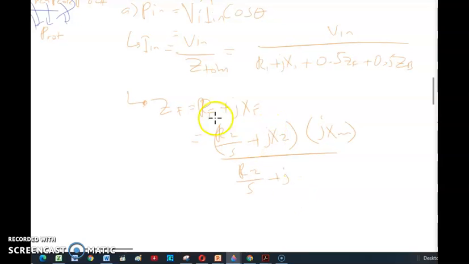Meanwhile, for this amount, we have to calculate in parallel the elements of R2, JX2, and JXM. We shall have R2 over S plus JX2 times JXM, and for the below value we just add them all together, plus JXM.